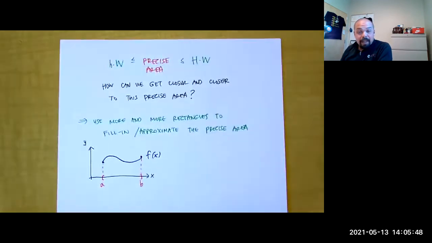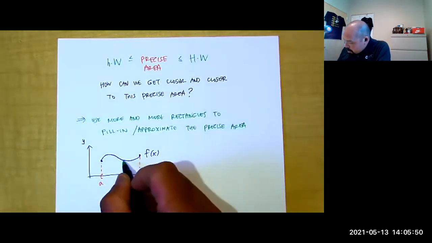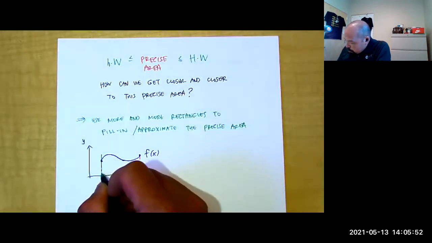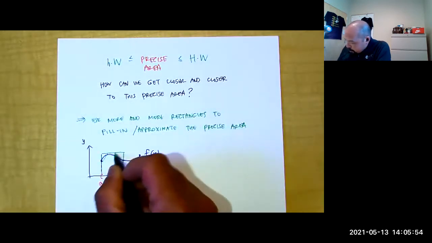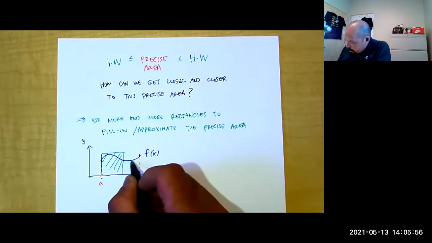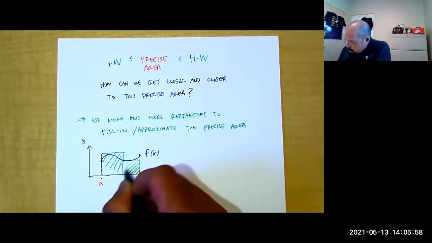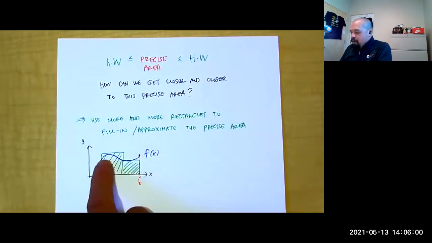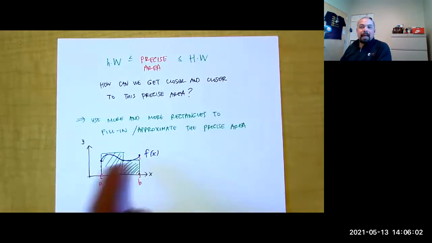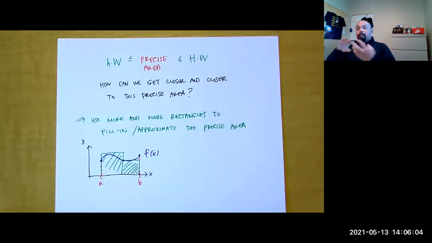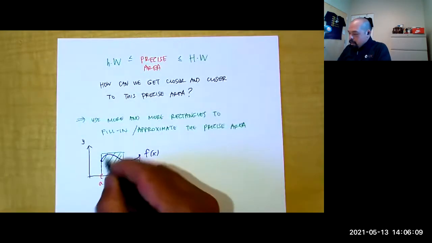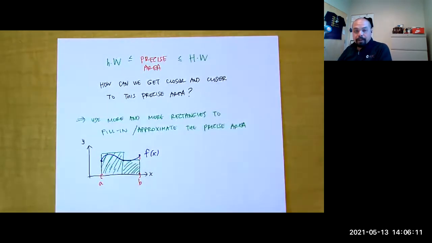We tried one big rectangle. Well, maybe this time we can do two rectangles, getting a little bit of the high part and a little bit of the low part. So maybe what we have over and what we have under will balance out to get us a better approximation.